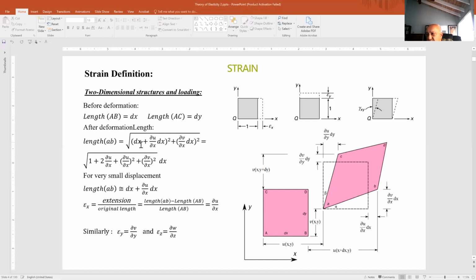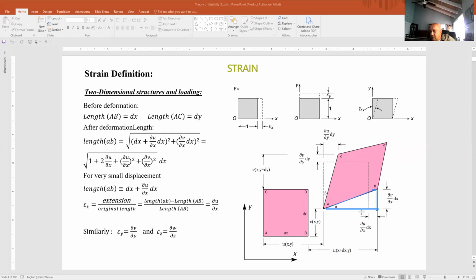Now, length of AB, this new shape here, from the geometry of this triangle, you can see that the length of ab is the square root of (dx plus derivative of u with respect to x times dx) squared plus (derivative of v with respect to x times dx) squared.